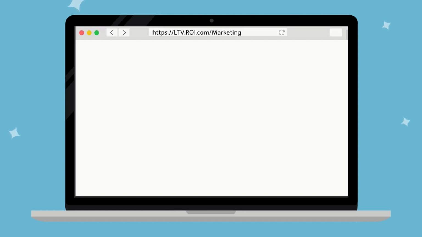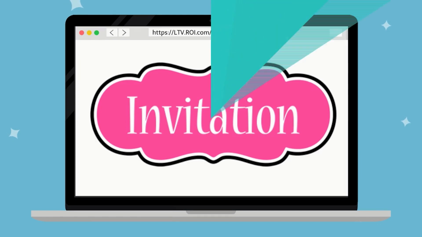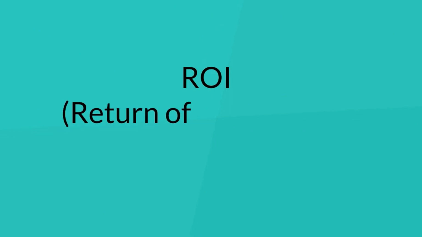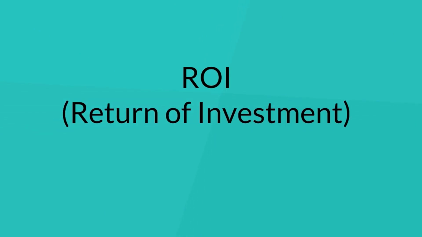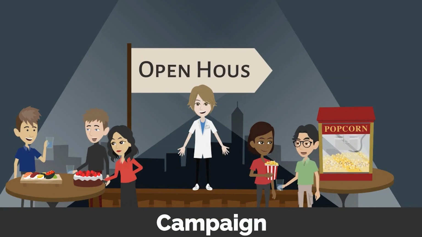Once you have these figures in place and decide upon a promotion, it's important now to analyze the successfulness of that promotion. To determine that, we need to look at the return on investment. This helps us tweak our marketing spend to better achieve our goals. Continuing with our doctor example, she wanted to measure the success of a recent open house event that she promoted on Facebook.